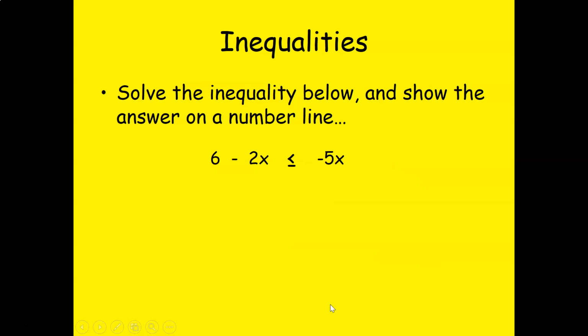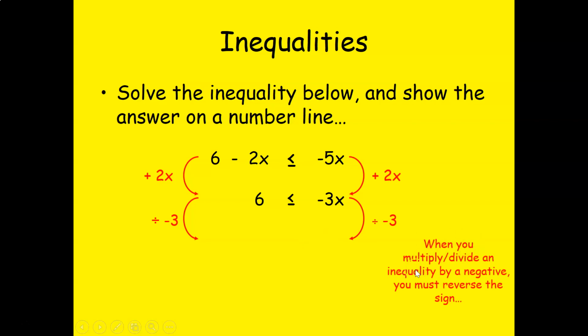Solve the inequality below and show the answer on a number line. 6 minus 2x is less than or equal to negative 5x. Add 2x to both sides of the equation. So we have 6 is less than or equal to negative 3x. Divide both sides by negative 3 since the numerical coefficient of x is negative 3.